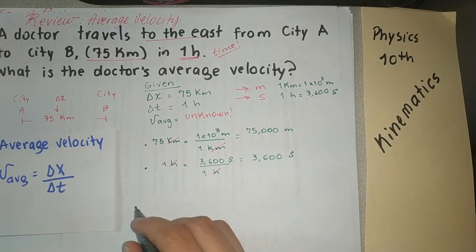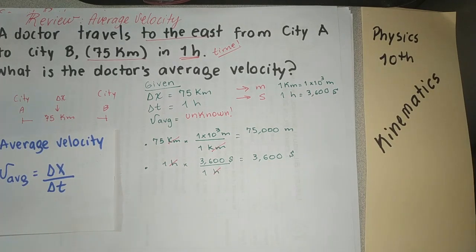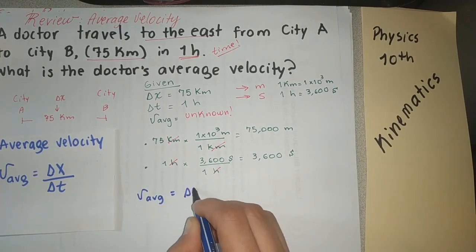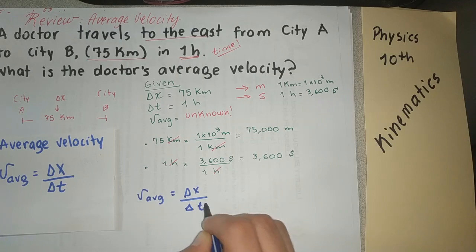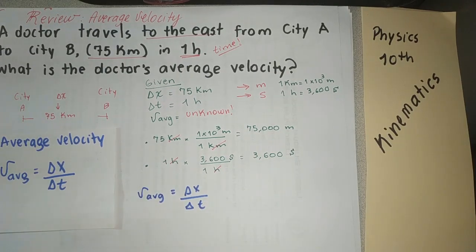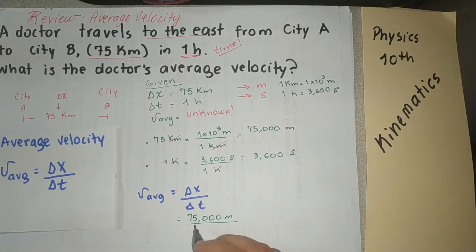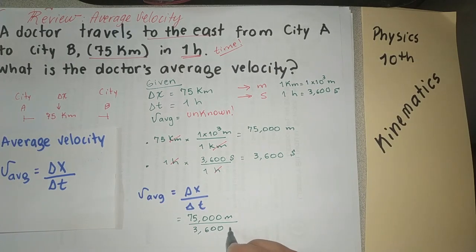Of course. We start to solve the problem, and we say average velocity equals delta x divided by delta t. This is equal to 75,000 meters divided by 3,600 seconds.